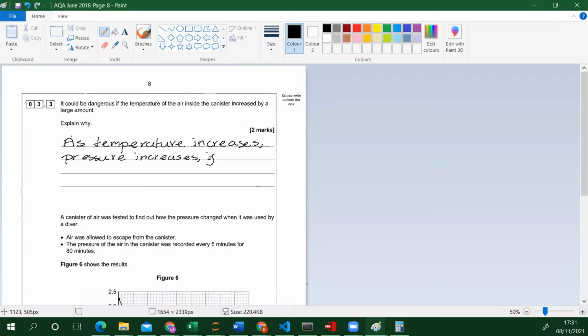If this gets too high, it could explode.